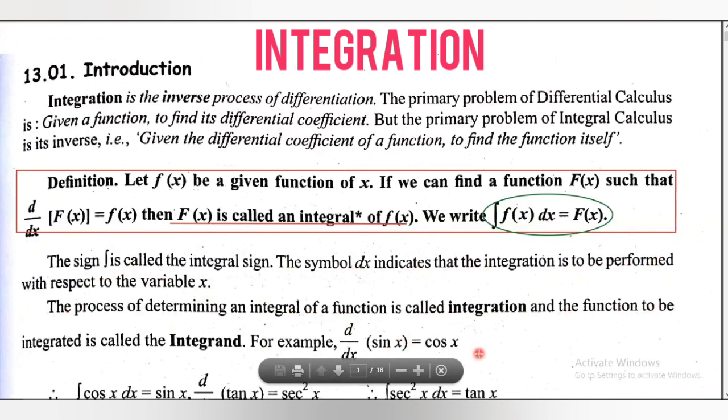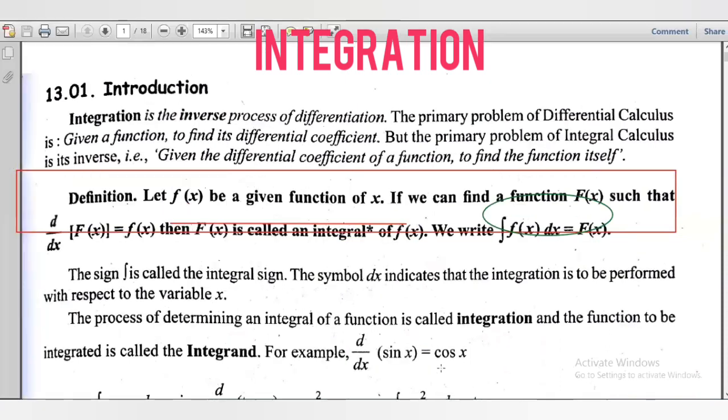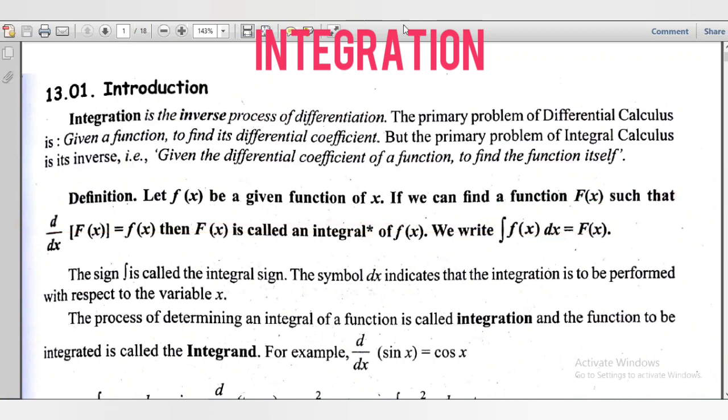For example, now look here. The derivative of sin x with respect to x is equal to cos x.